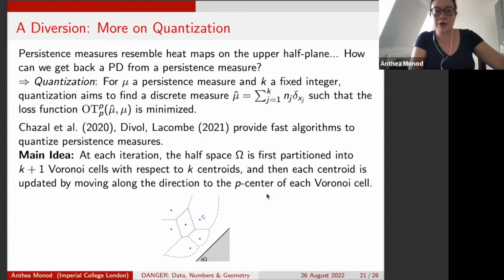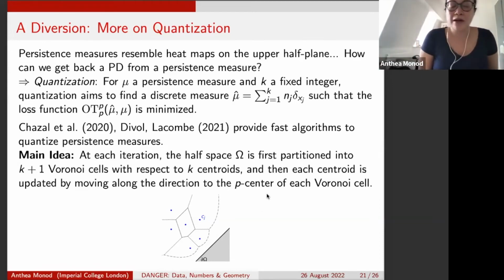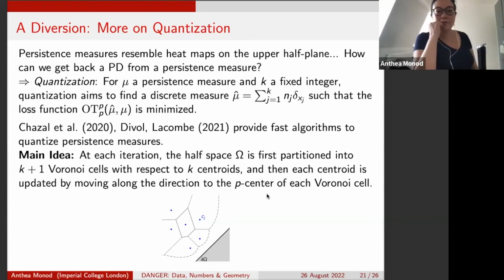Each point corresponds to one homology feature, and when it was born and when it died. And once we blur this into a Radon measure heat map, we lose this interpretation of births and deaths. But there is actually a way, if we study these persistence measures, to get back an interpretation of a persistence diagram where we have points and can say again, this homology feature was born at this time and died at this time.